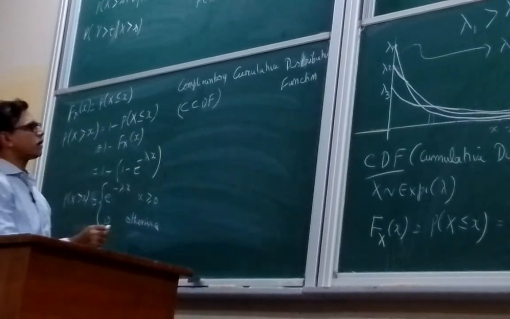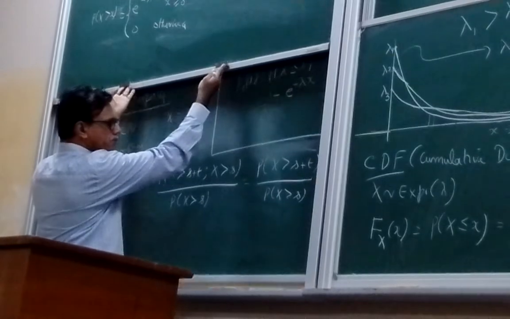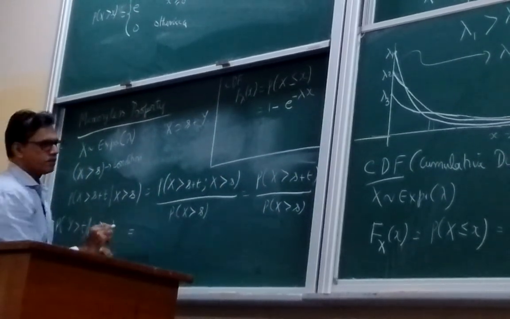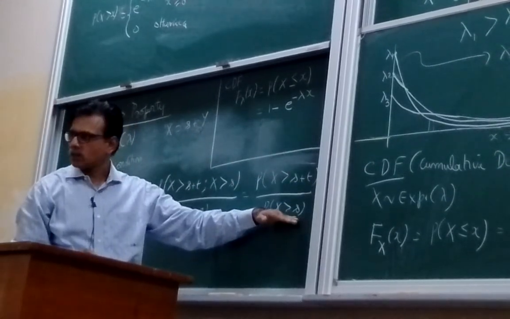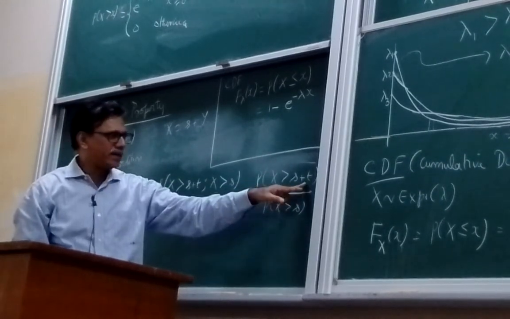Now we will go back to the original one. This quantity is given by the probability X is greater than s plus t, over the probability X is greater than s. This is nothing but the CCDF, but we have to evaluate it at s plus t here.